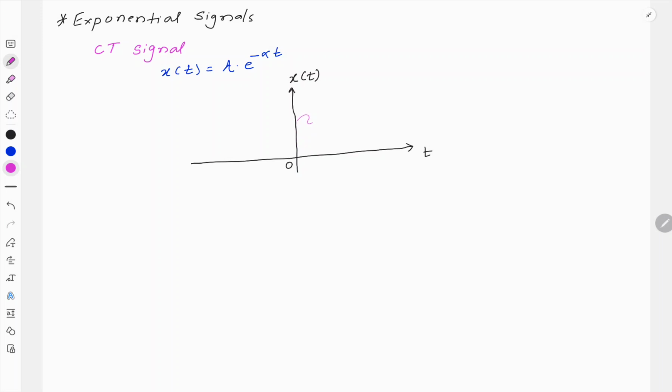So at origin this signal will have amplitude a, and here the power of exponential is negative, therefore this signal is called as decaying exponential, and we get this kind of signal where at origin this will be a, and the slope of this signal is written as e raised to minus alpha t, and this signal is called as decaying exponential.